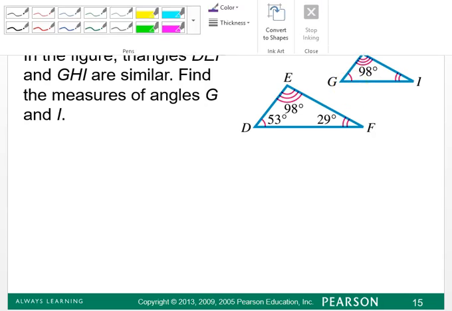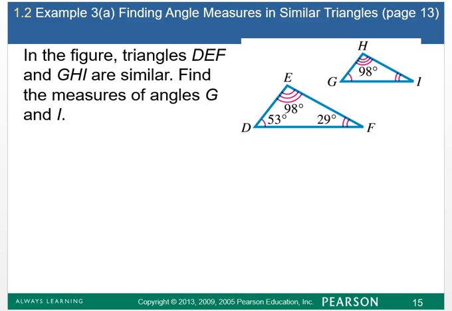So the measure of angle G is equal to 53 degrees. And also, since F and I are marked with the same markings, these are corresponding angles and they have the same angle measurement.